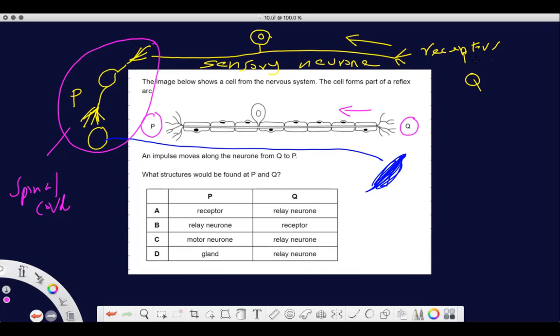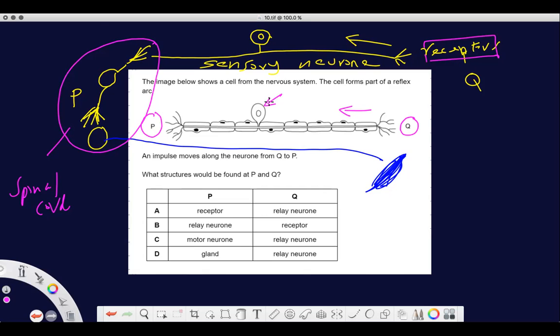So we need to remember the starting point is a receptor. Receptors are the structures which can detect the signal, and receptors are connected to the sensory nerve. So the location of the cell body is very important to identify the type of neuron.